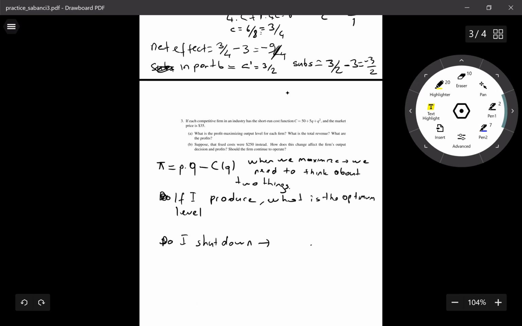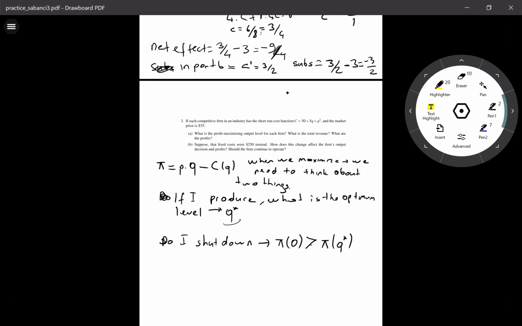Do I shut down if the profit at zero is greater than the profit at Q star that we have found, assuming that we are producing Q star? I need to first find this Q star.